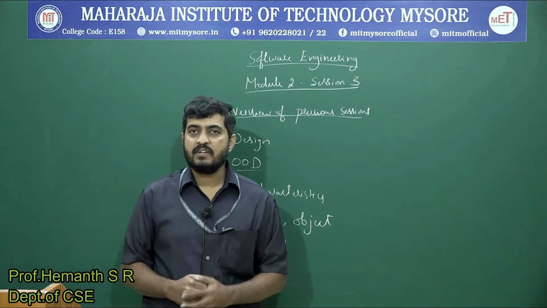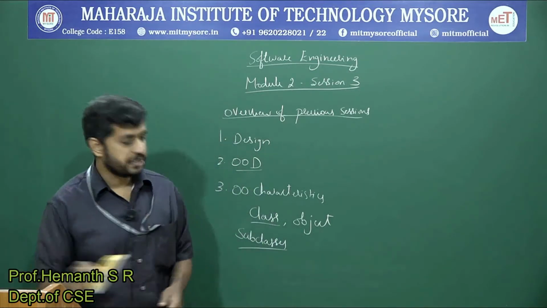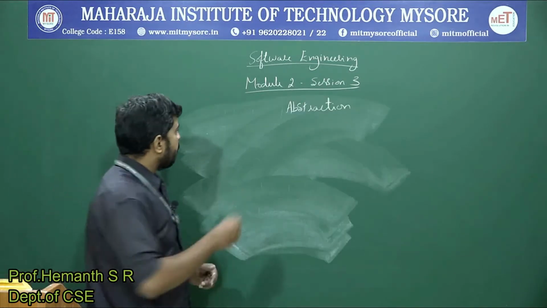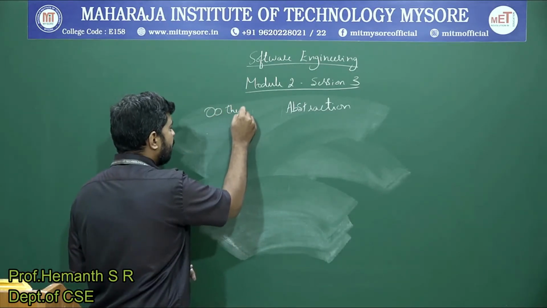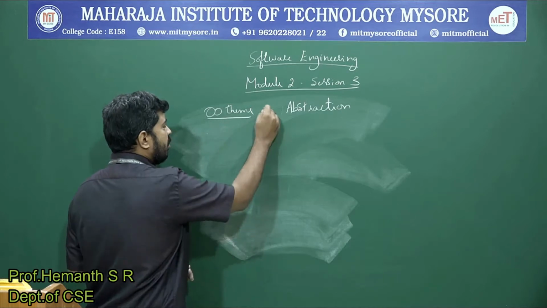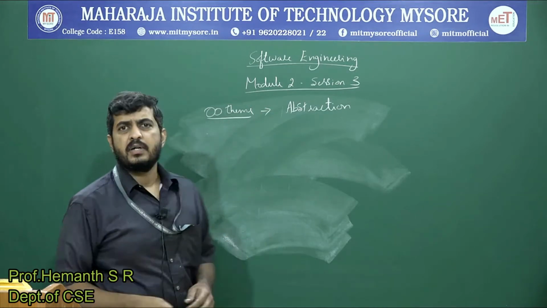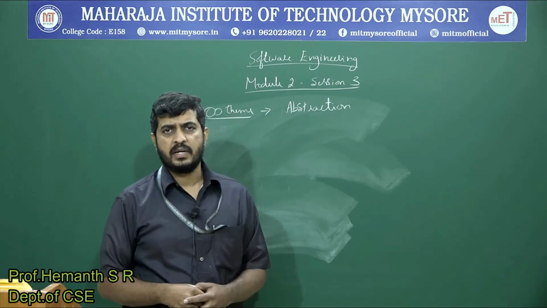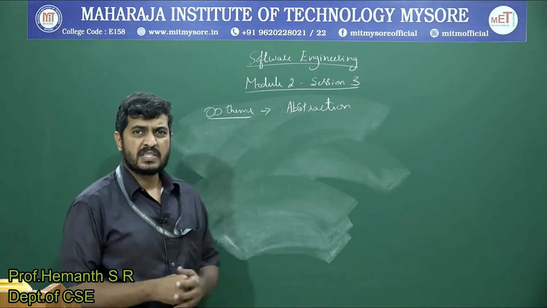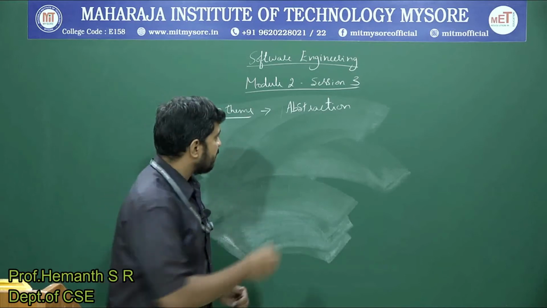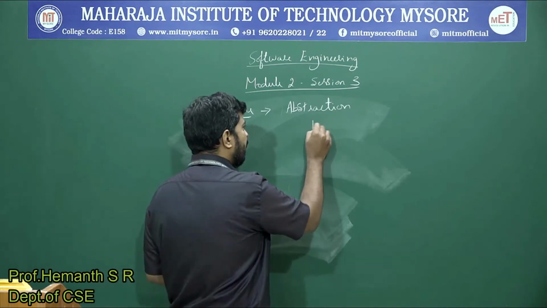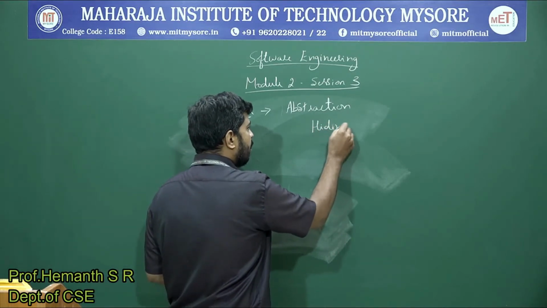Next we will start with abstraction in today's session. This is one of the major themes of object oriented programming. The major theme of object oriented modeling, object oriented design is abstraction. What exactly is abstraction? Abstraction is an English word, it means hiding, hiding the details.